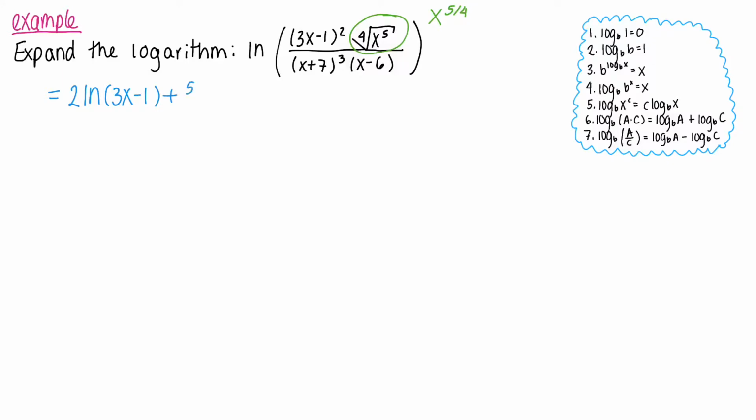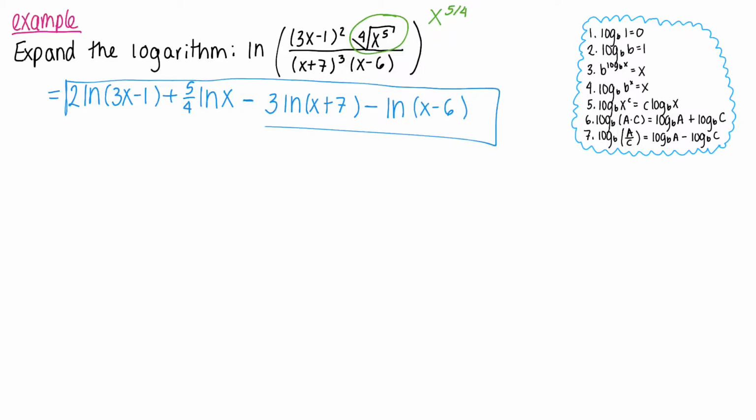The exponent is 5 over 4, and the inside part will be an x. Next factor is in the denominator, so minus sign. 3 is its exponent, ln of x plus 7. Next factor is in the denominator, so it's a minus, and no exponent, so we don't need to put anything in front, and then x minus 6. And that's our answer.